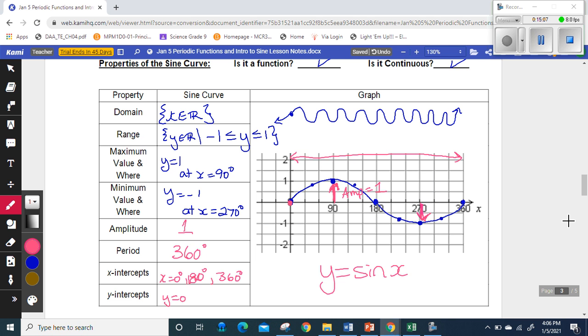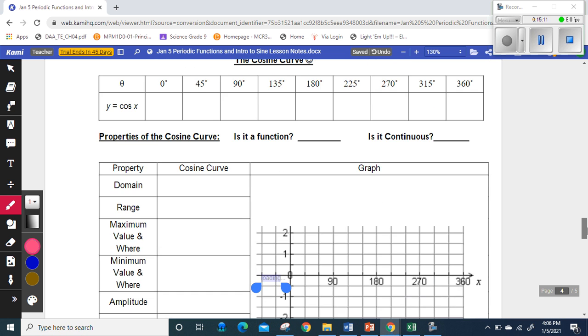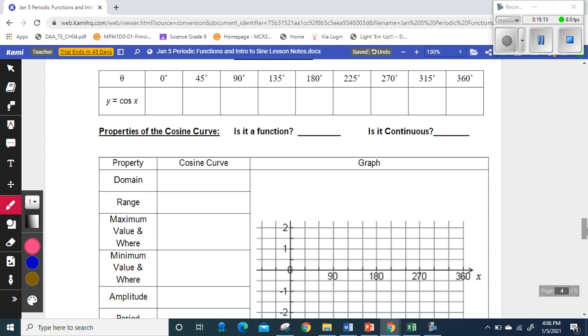Very important function. We have one other very important function, and that is cosine. So again, we just have to sub in some values here. If I type in my calculator cosine of 0, I get an answer of 1. Cosine of 90, I get an answer of 0. 180 gives me -1. 270 is back to 0.